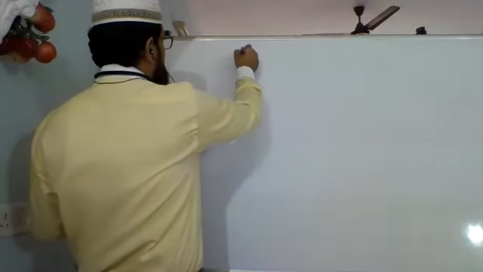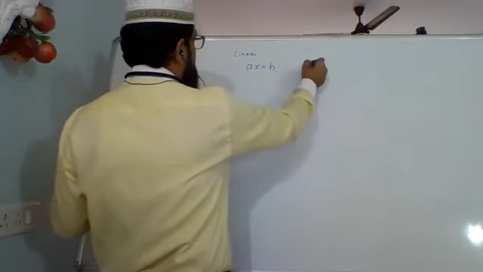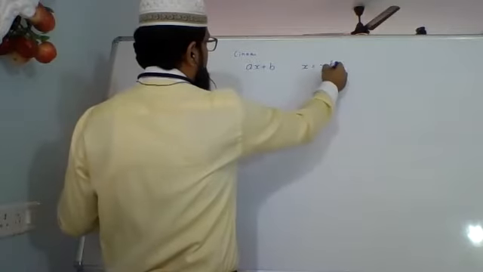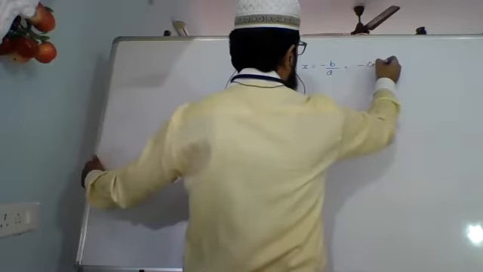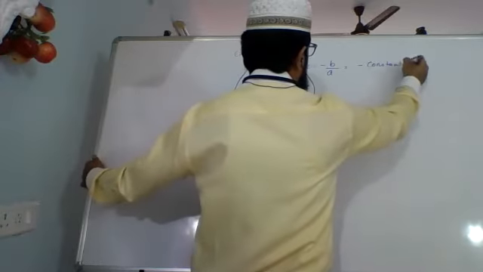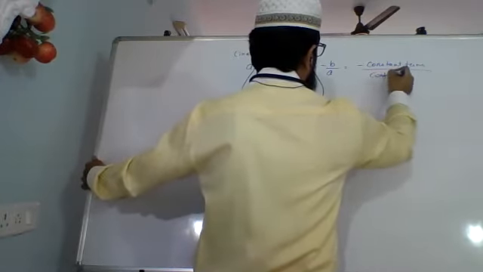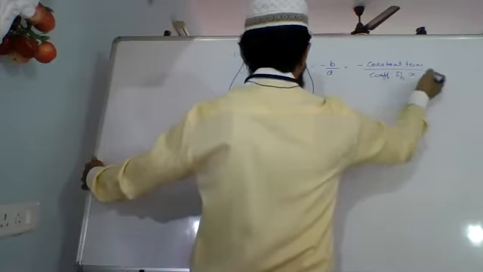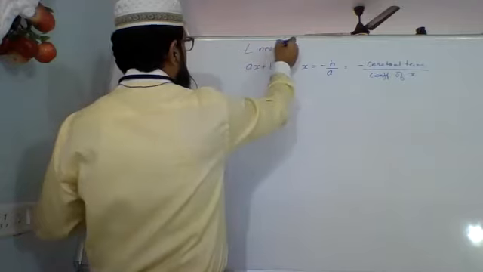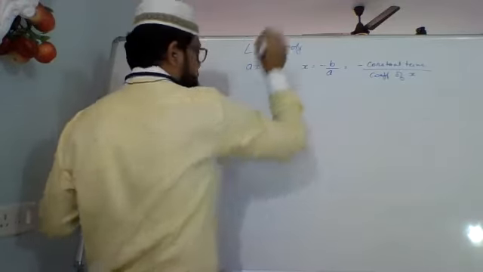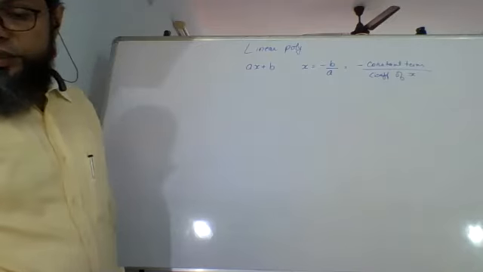In case of linear we had ax plus b, that is x equals to minus b upon a, that is minus the constant term upon coefficient of x, or coefficient of the variable in case of linear polynomial.